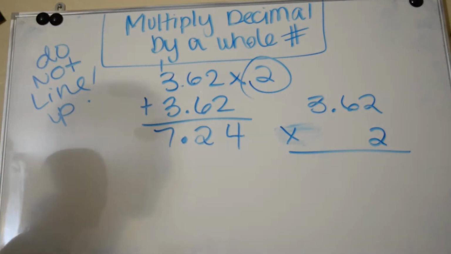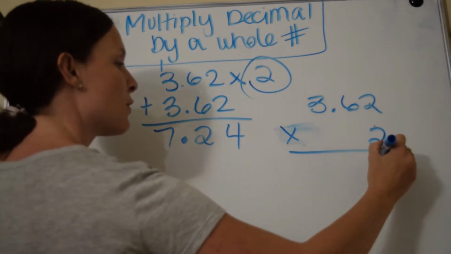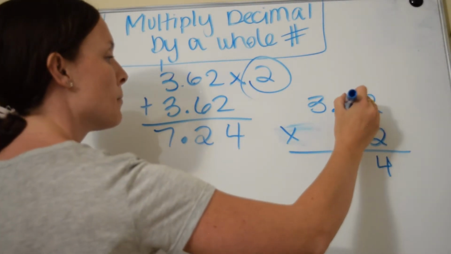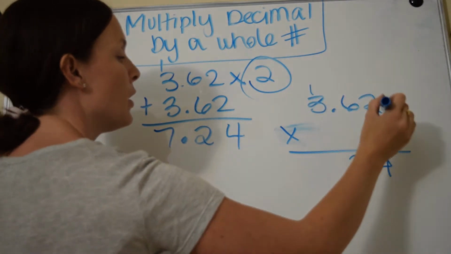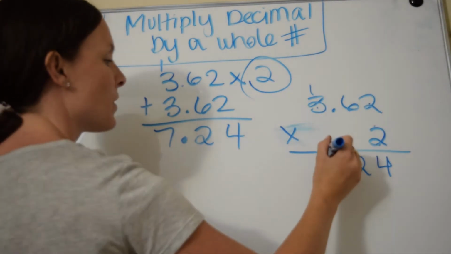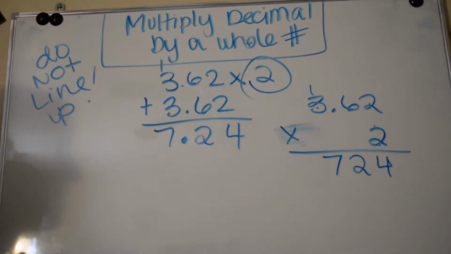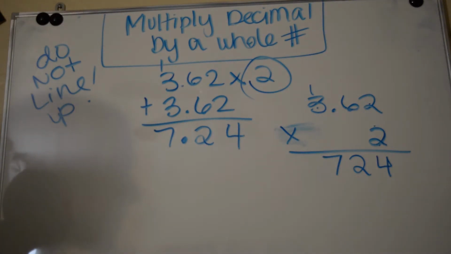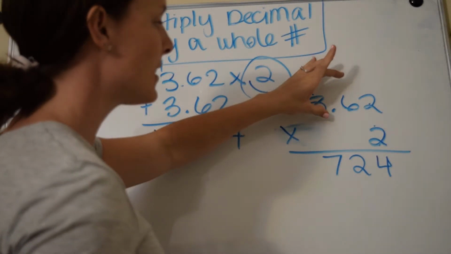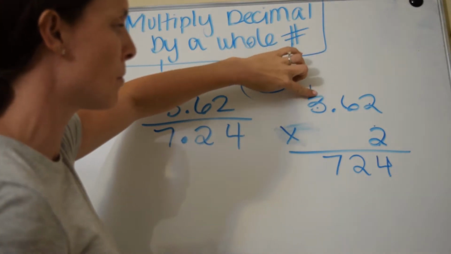Here we go. 2 times 2 is 4. 2 times 6 is 12. 2 times 3 is 6 plus 1 is 7. So far so good. That's how we would multiply whole numbers together. Now, what do we do about that decimal? The number that has the decimal happens to be the number on top.